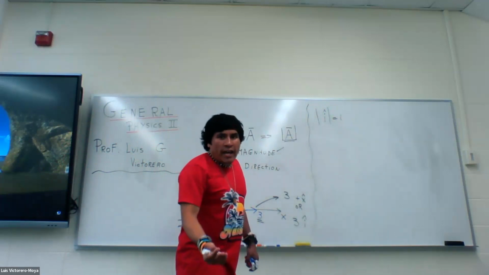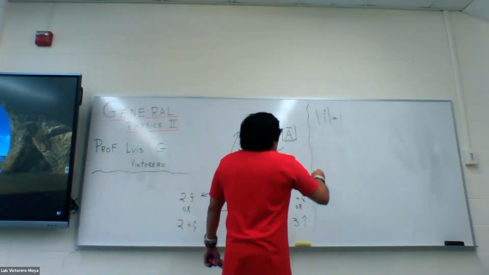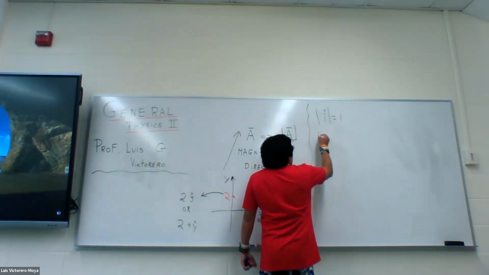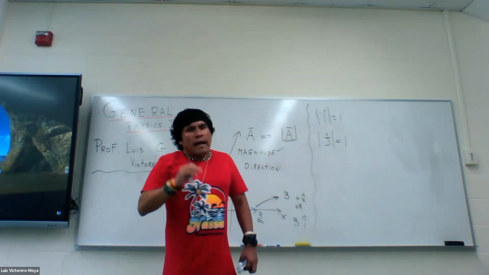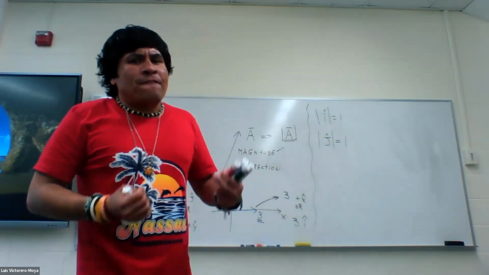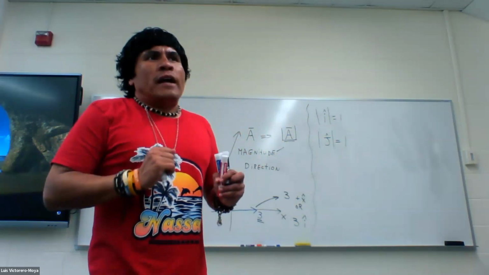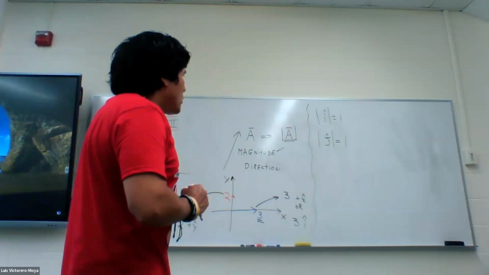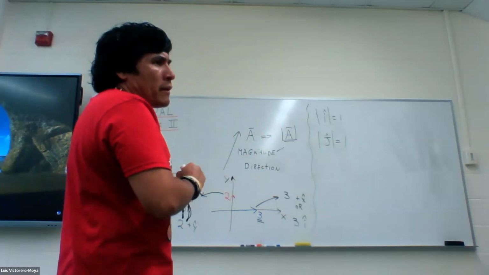The same with j, the same with k, right? Like that, and this is also 1. Again, since we're only going to be referring to vectors on the plane, let's just stick with i and j. Later, we are going to have to introduce the third dimension. But for now, I want you guys to remember that.